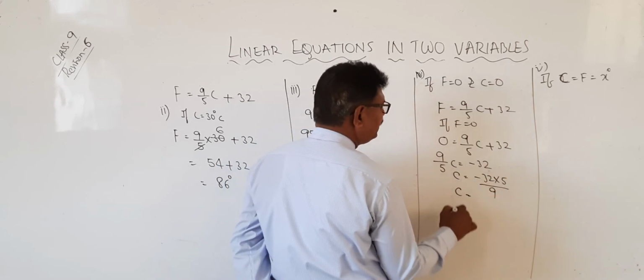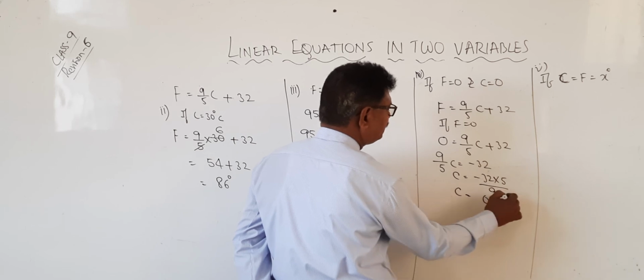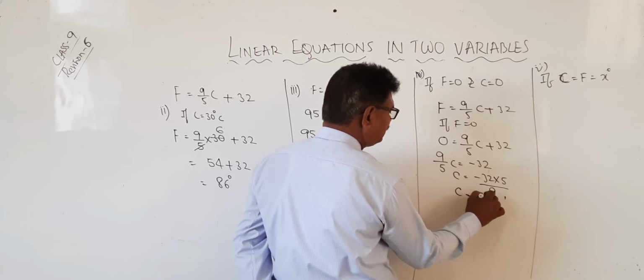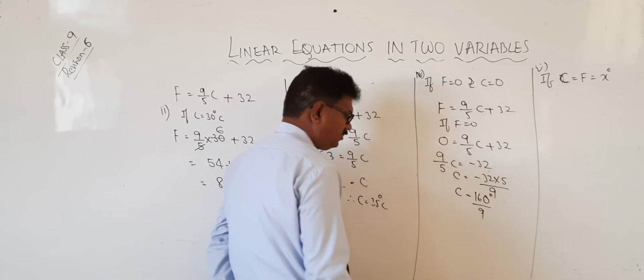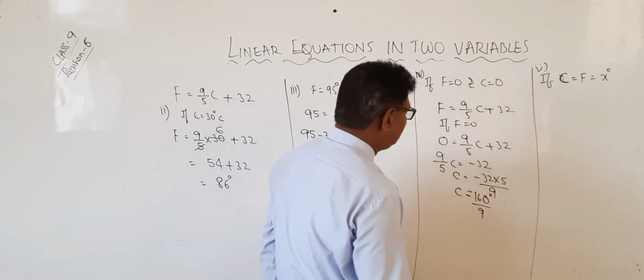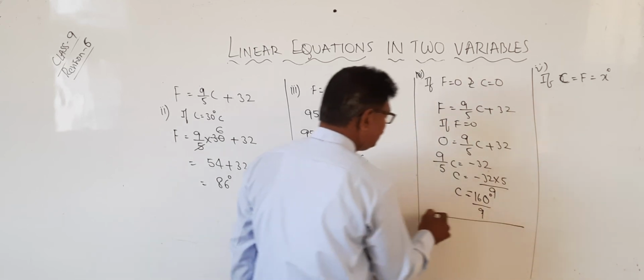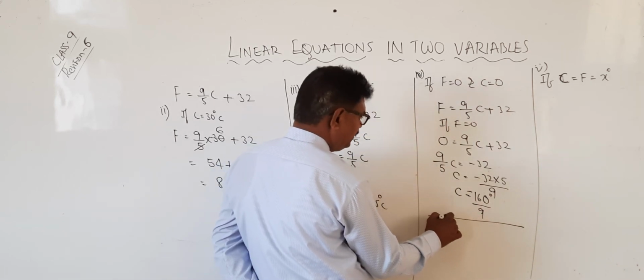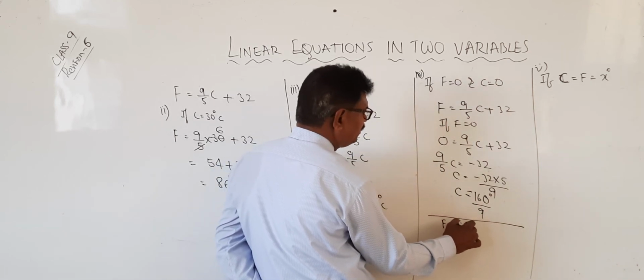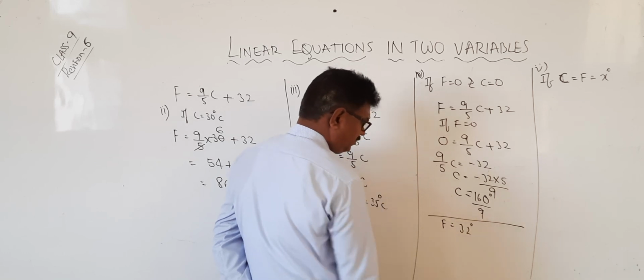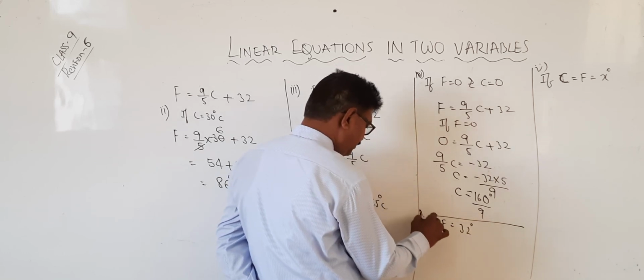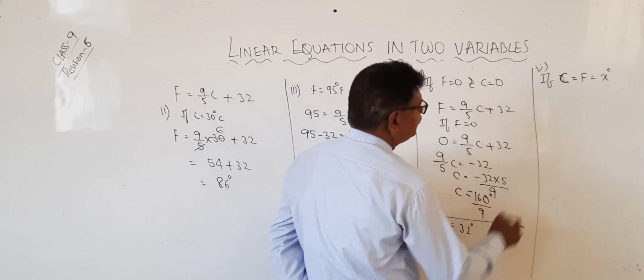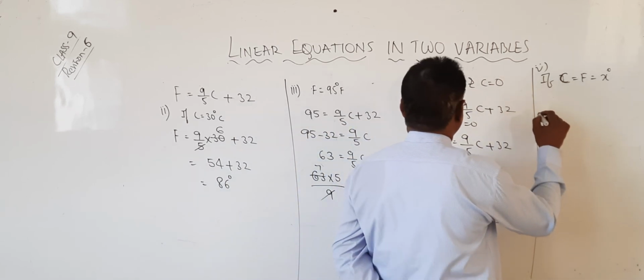Therefore C equal to minus 160 by 9 degrees centigrade. Okay? It is minus. If C equal to 0, then F equal to 32 degrees.